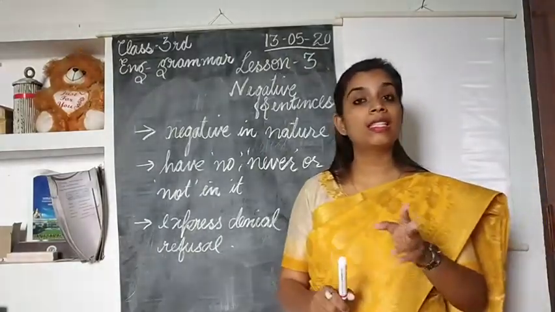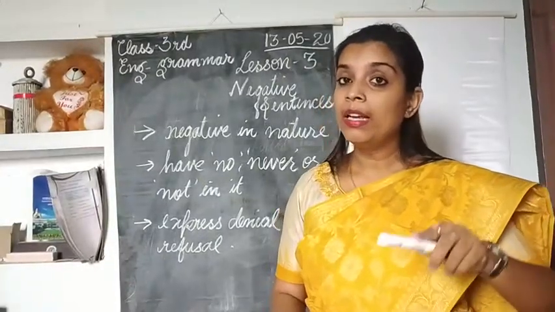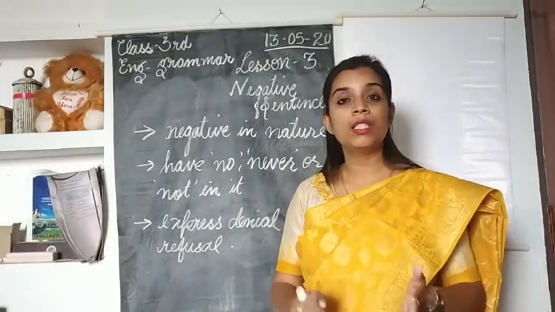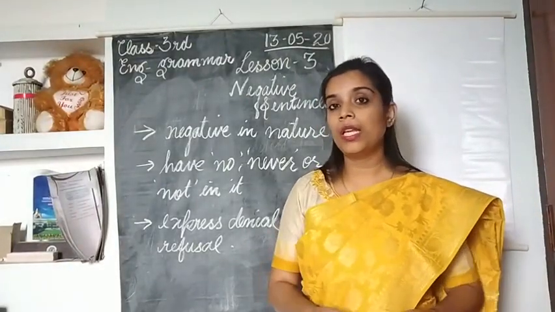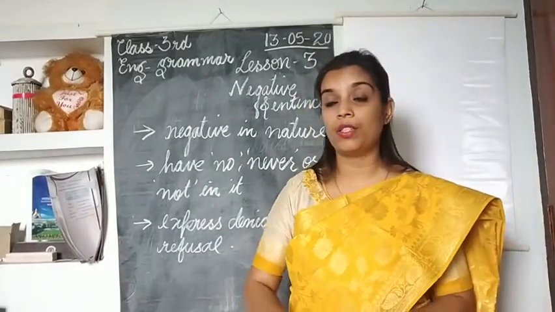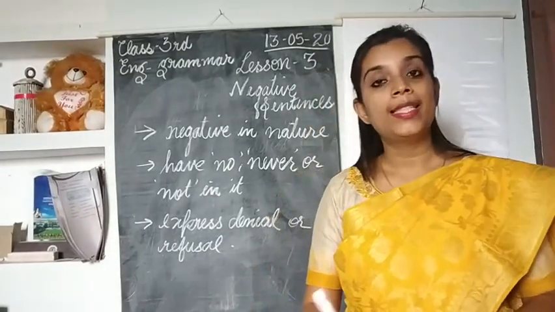See, children, sentences can be of two types. Either it can be a positive sentence or it can be a negative sentence. Sentences which are positive in nature are known as affirmative sentences, and sentences which are negative in nature are known as negative sentences.